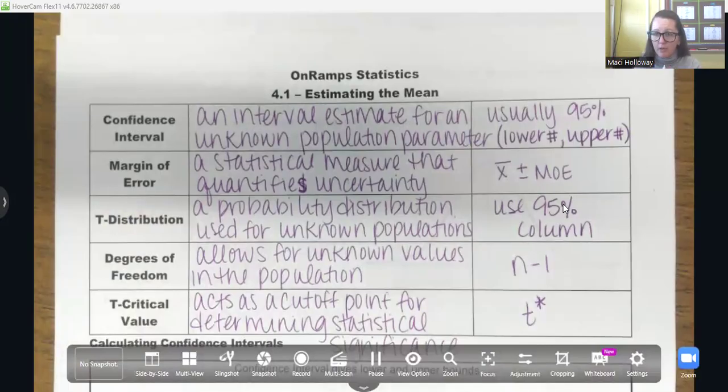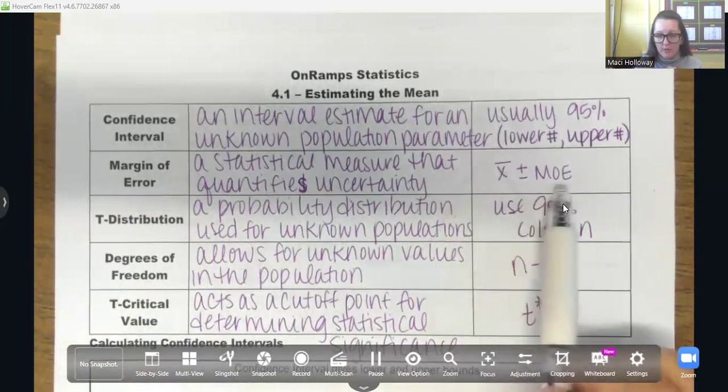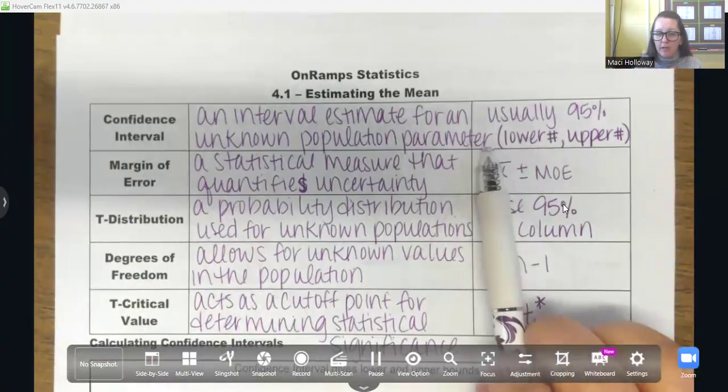That's the margin of error. It's that buffer on either side of our sample mean that allows us some room for sampling error, right? That natural variation. We usually add and subtract the margin of error from our sample mean in order to find our confidence interval, and we'll be calculating that today.